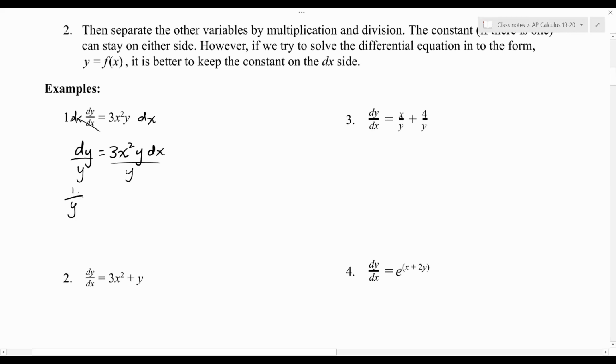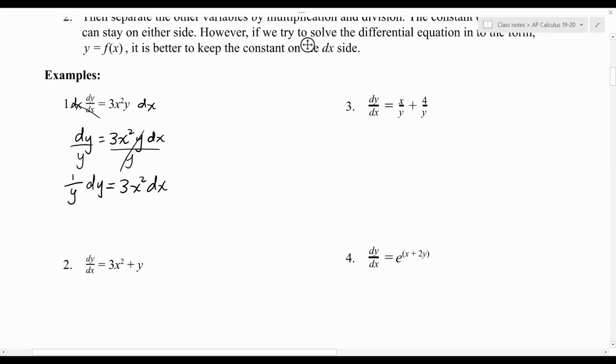Remember, dividing by y is the same as multiplying by 1 over y. 1 over y dy equals 3x squared dx. Now that we have all our y's on one side and all our x's on the other side, we would be able to integrate to find our solution. But in this video, we're just going to focus on separating them.